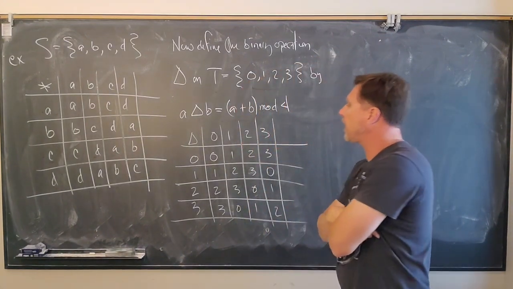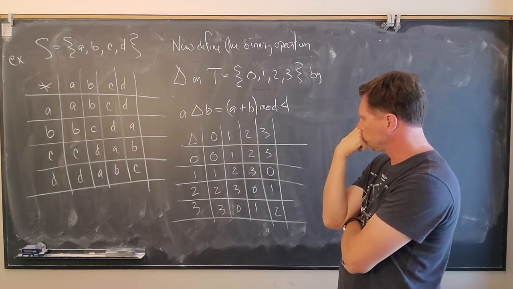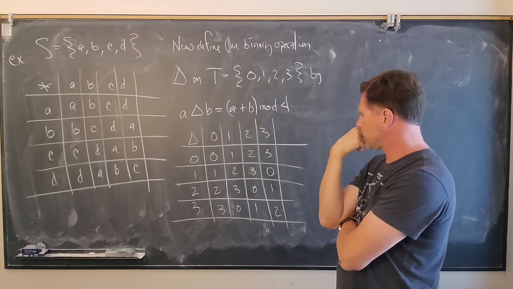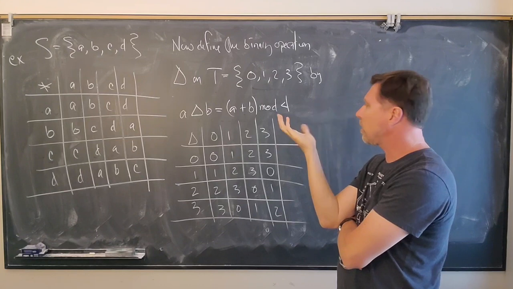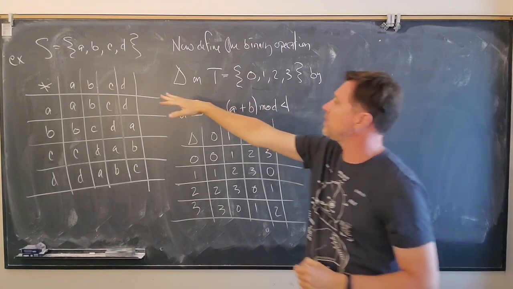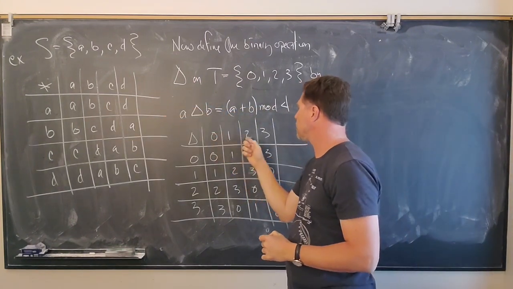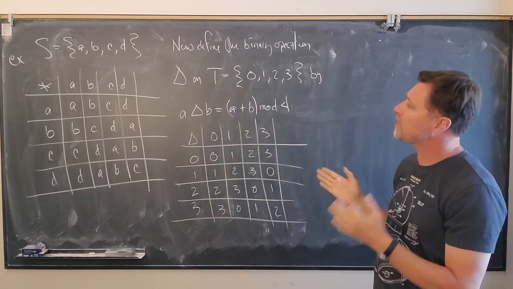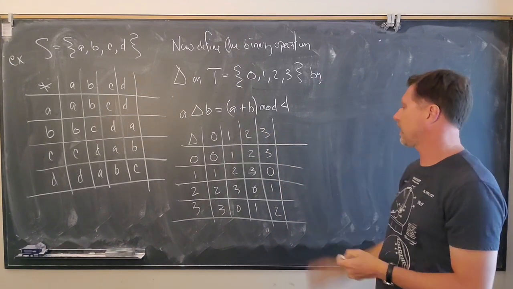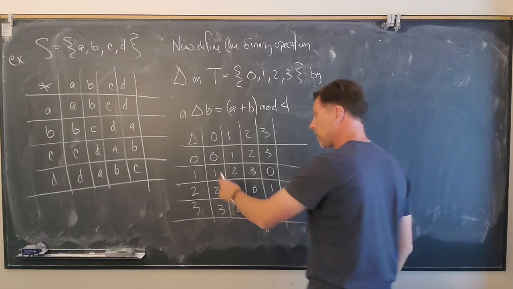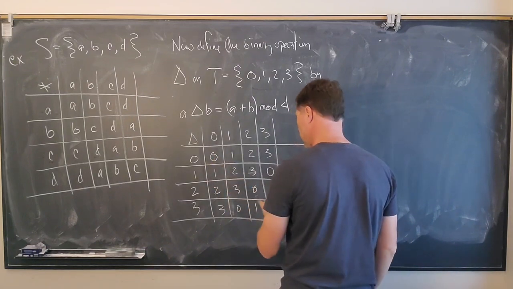And now I want to compare these two tables. I know that we've got a set A, B, C, D here, and we've got the set 0, 1, 2, 3. But if you notice the behavior of, let's say, this diagonal right here, it goes 0, 2, 0, 2.